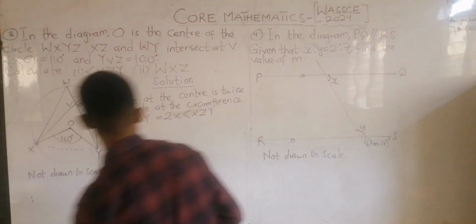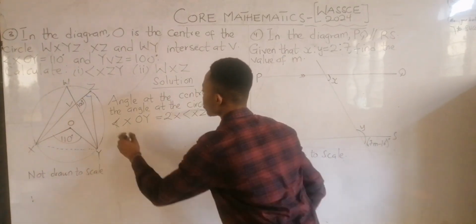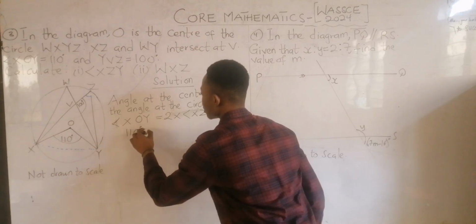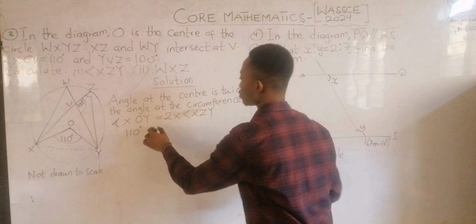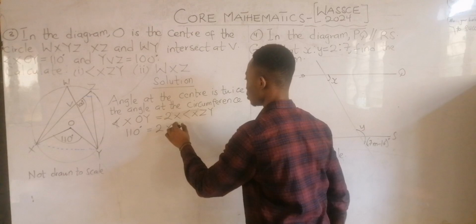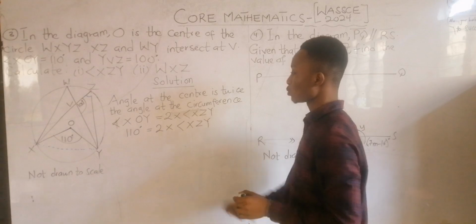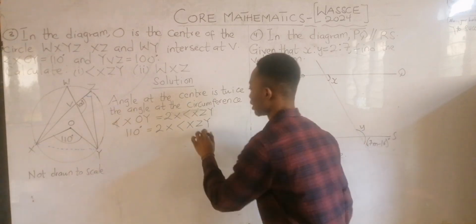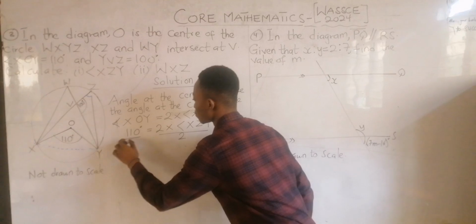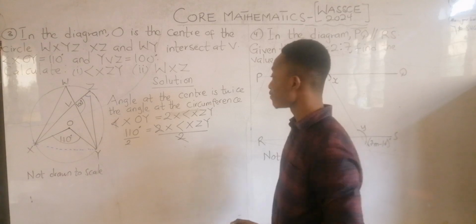XOY is 110 degrees, and 2 times XZY, which we don't know. So we want to find XZY, we divide this side by 2. Half of 110 is 55 degrees.